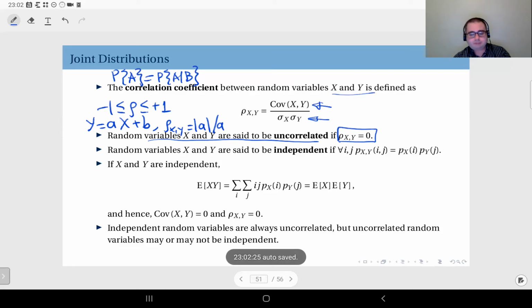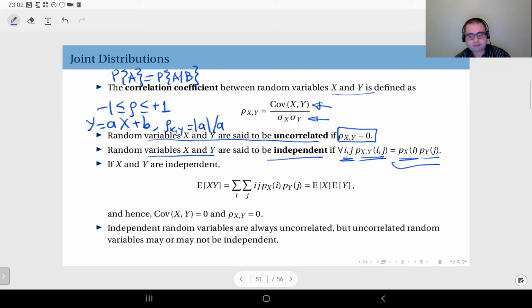For only two random variables, we will say that random variables X and Y are independent if for all i, j, their joint distribution at i, j is equal to the marginal distribution of X evaluated at i times the marginal distribution of Y evaluated at j. So if you can separate the distribution in a product form, then these two random variables are independent.